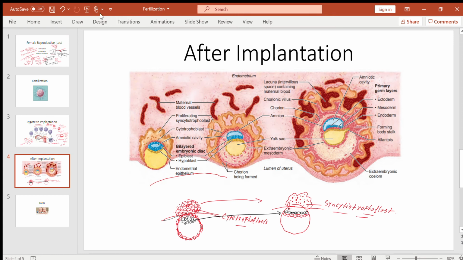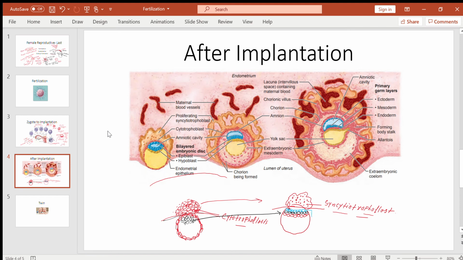So the inner cell mass will form three separate layers. Okay, so this is another layer. So three separate layers.